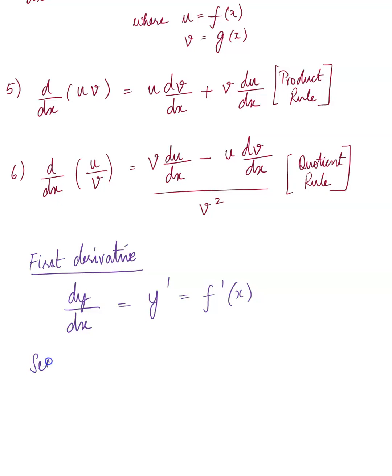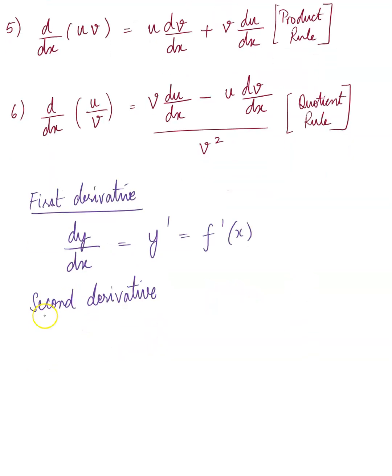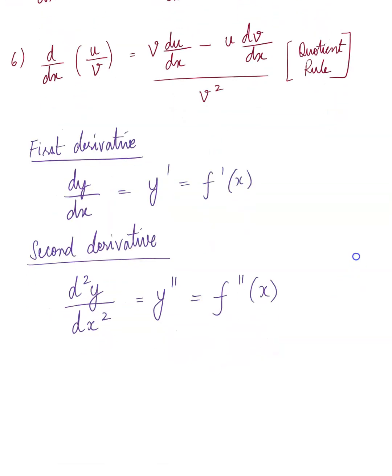And then if it's the second derivative, meaning you found the first derivative, which is dy over dx, and if you took the derivative of it again, then that is written as d squared y over dx squared. Okay. On the top, the 2 is in between the d and the y. In the bottom, it is outside the x. Y double prime, or if you write in the f notation, f double prime of x.